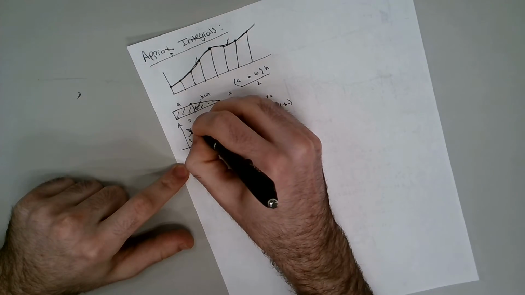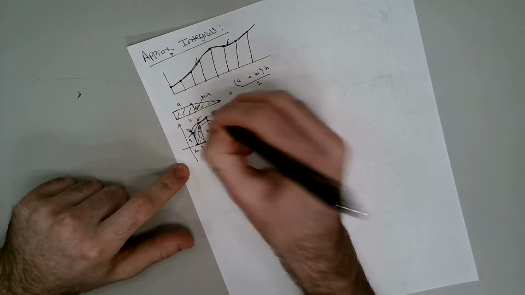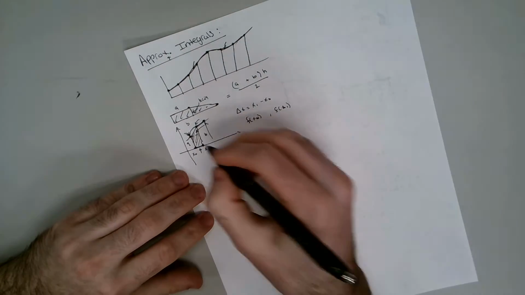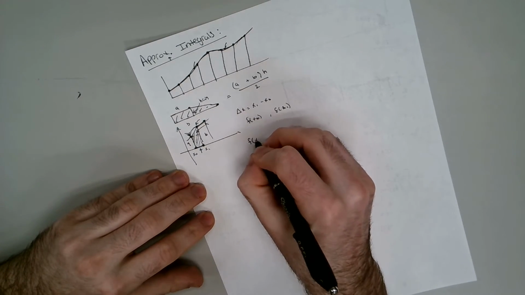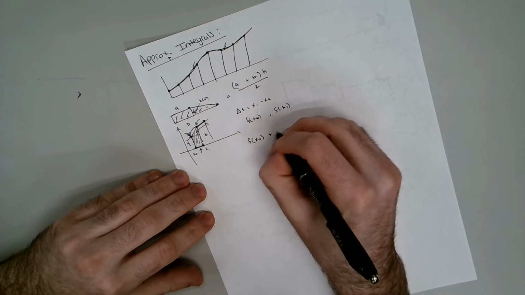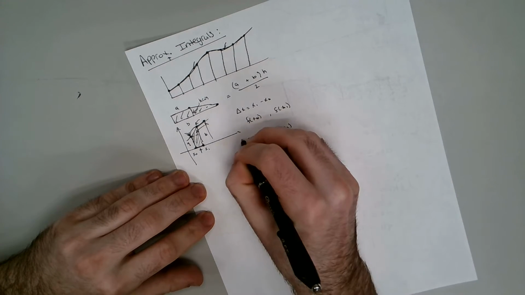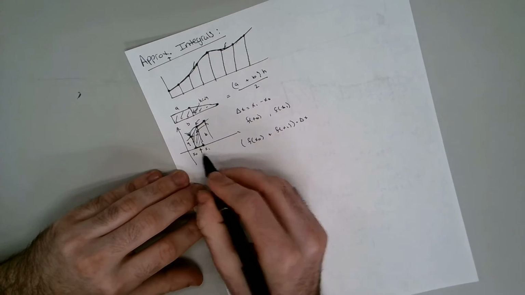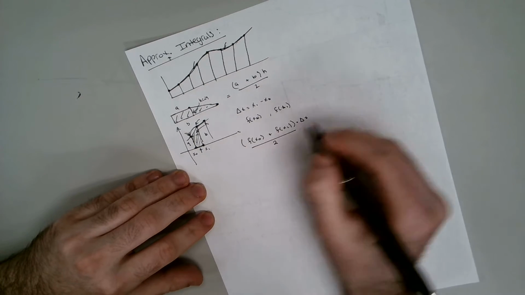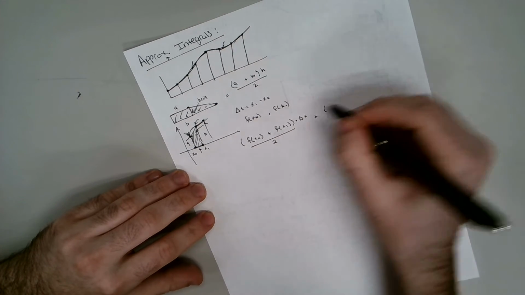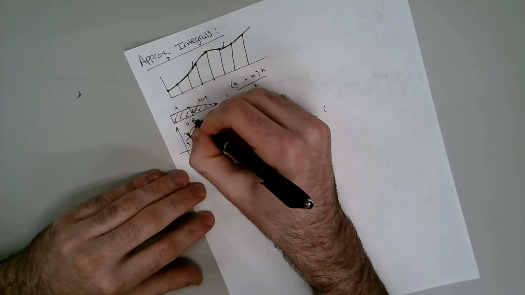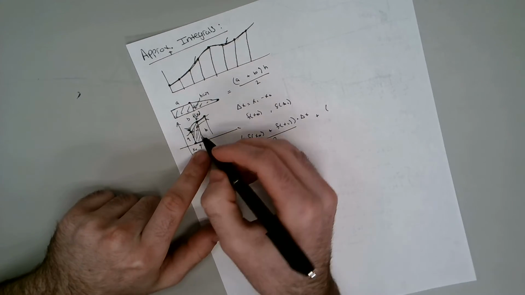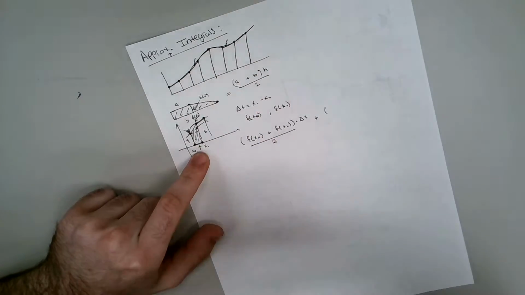And now we want to continue this trend, and so we want to keep on adding these up. So whenever we do that, we take f of x naught plus f of x1, times delta x, all over 2, plus, and we want to continue from f of x1. This f of x1 is going to serve as one of the bases for our next trapezoid whenever we iterate through this function.